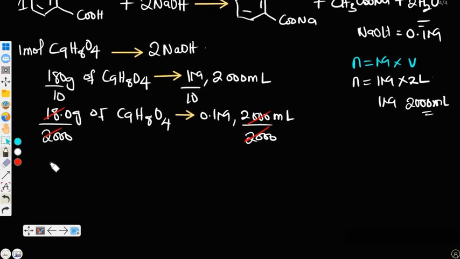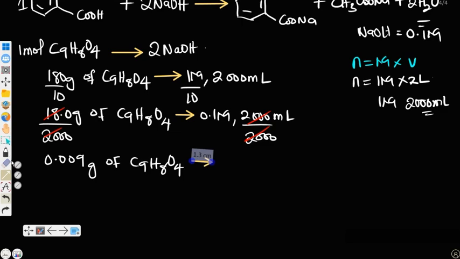0.009 gram of C9H8O4 is present in 1 ml of 0.1 molar sodium hydroxide.